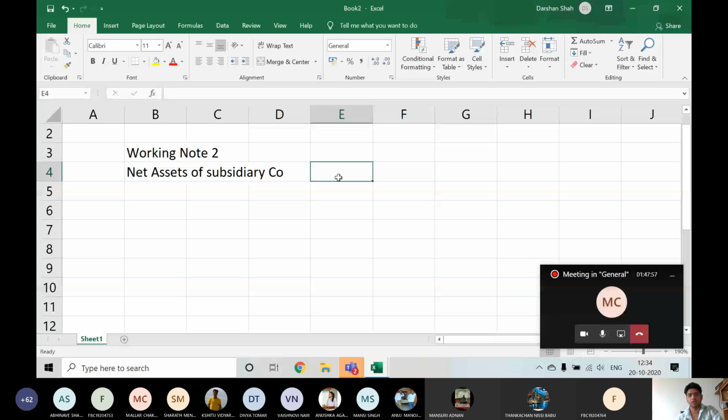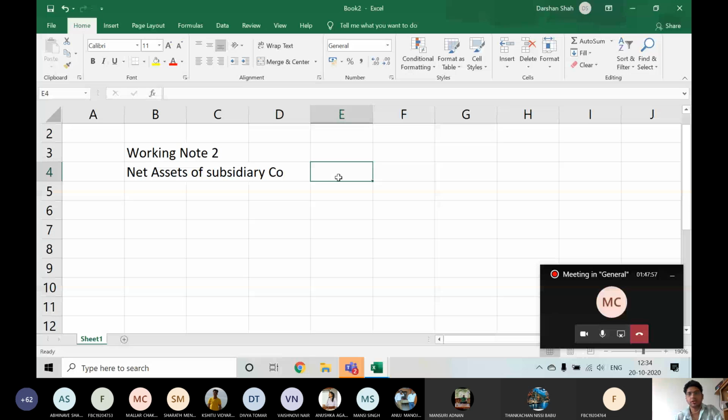ठीक है, वहां पे हम लोग ने क्या किया है? At acquisition date कुछ किया है, right? At acquisition date. Okay, and second column is on reporting date. So I'll say on balance sheet date, correct?